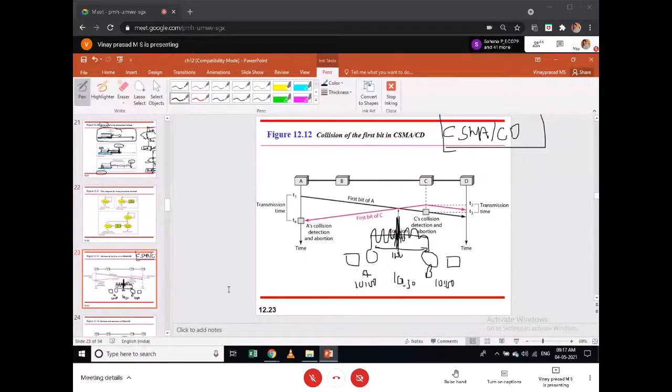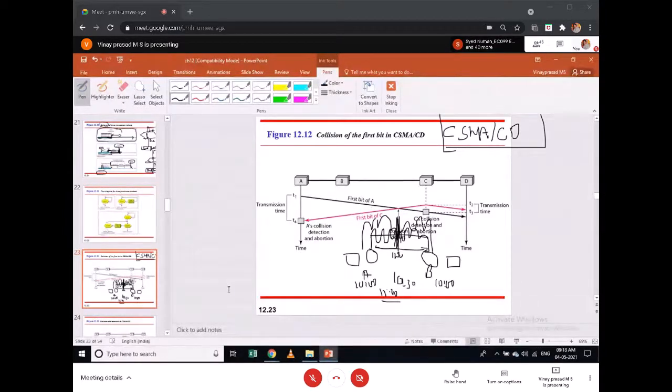At what time will station A hear the collided signal? Since they collided at half of the length, it takes half an hour for the collided signal to come back to station A, and again half an hour to reach station B, the same propagation delay. At exactly 11, both stations hear the collided signal.